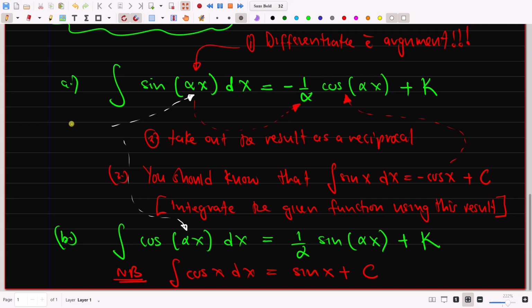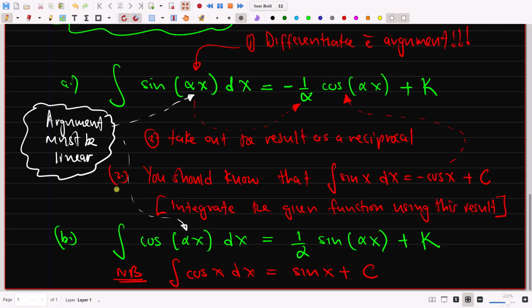When your argument is not linear, for example quadratic or cubic, these results don't work, because most students don't pay attention to the details of the given recipes. They just assume that this is the case, generalize it and apply it in instances where it's not supposed to be applied. So you must only apply these results where they hold true. They only hold true when the argument of the given trigonometric function is a linear function. If it's not linear, we have to resort to other tools.